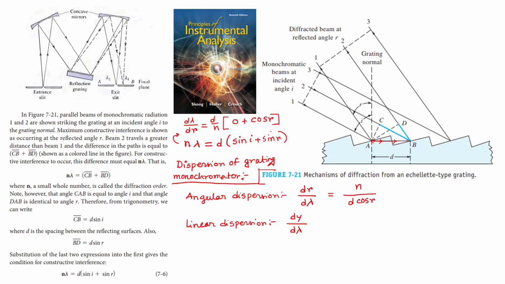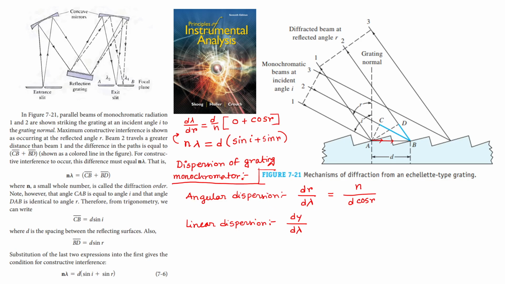Sorry, I have mentioned there. Actually, the y is being changed along these. So y is a variable, and that is on this AB. So dy by d lambda.